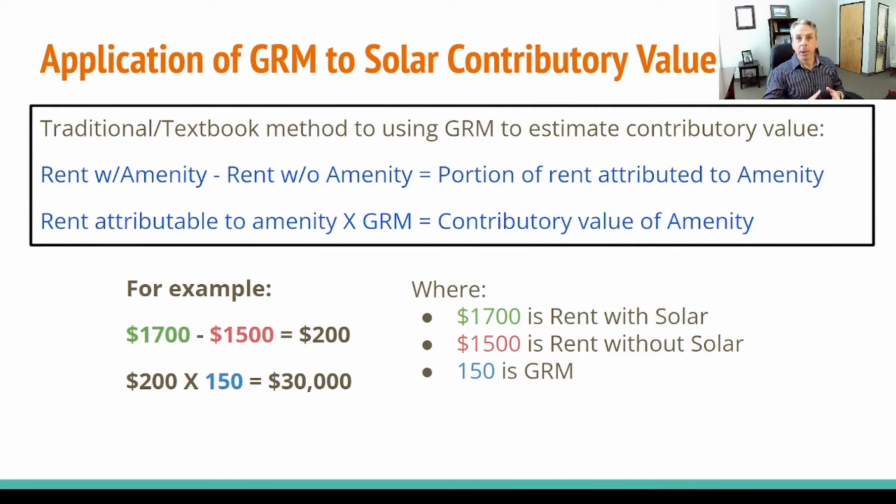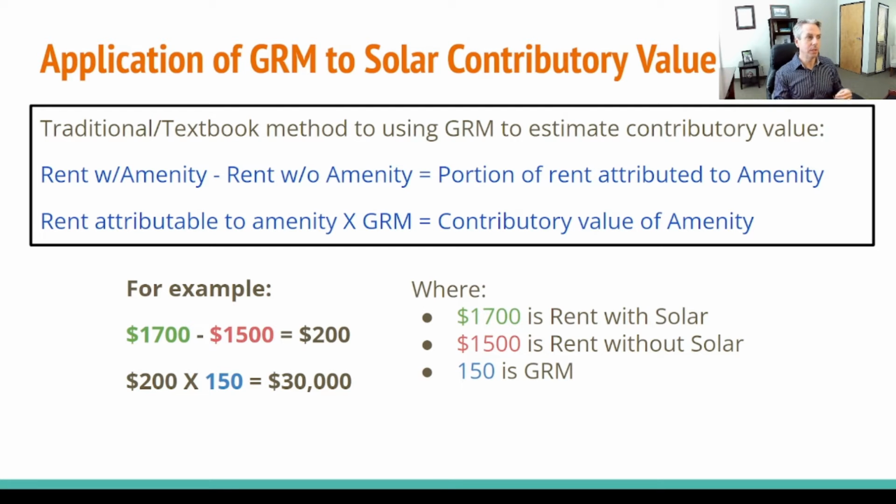What I wanted to talk about first was the textbook, traditional method of using the GRM for contributory value. And this isn't just solar, this is if you're going to estimate contributory value for an amenity using an income approach, this would be the textbook way to do that.